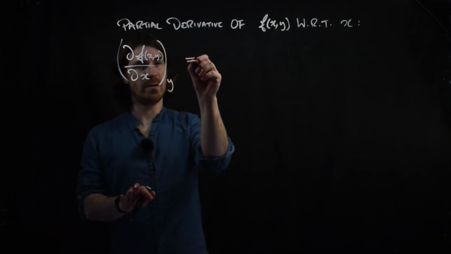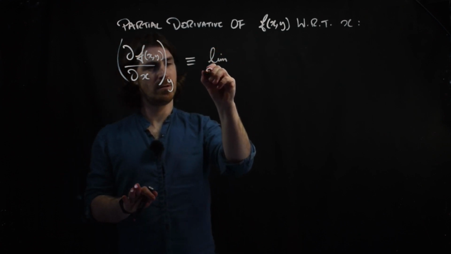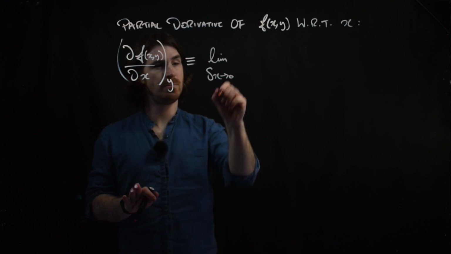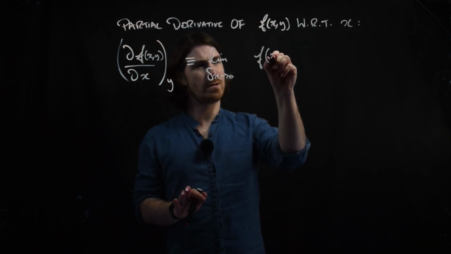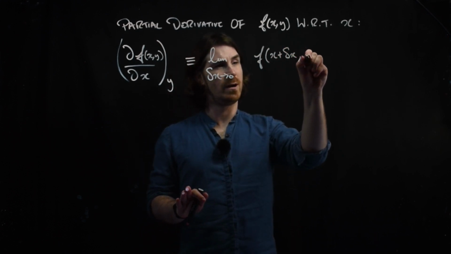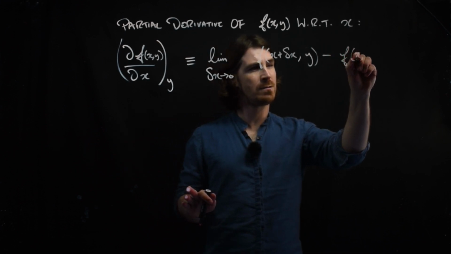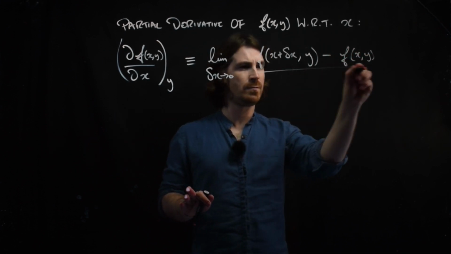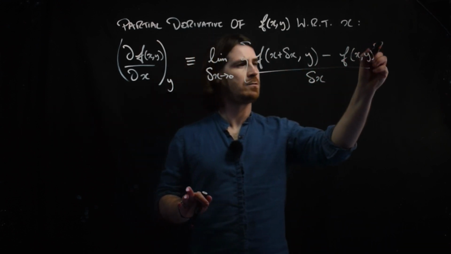And this is defined as the limit of delta x goes to 0 of f of x plus delta x, y, minus f of x, y, divided by delta x.